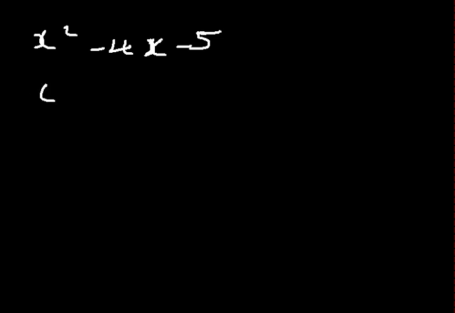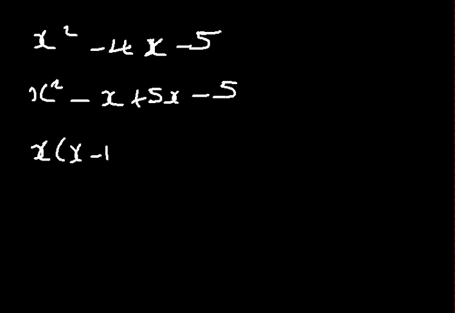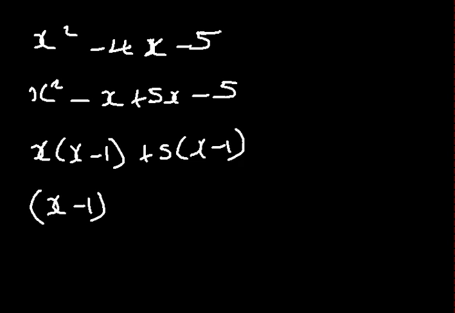So we have x squared minus x plus 5x minus 5. This gives x times x minus 1 plus 5 times x minus 1, which is the same as x minus 1 times x plus 5. So that's how we factorize that one.